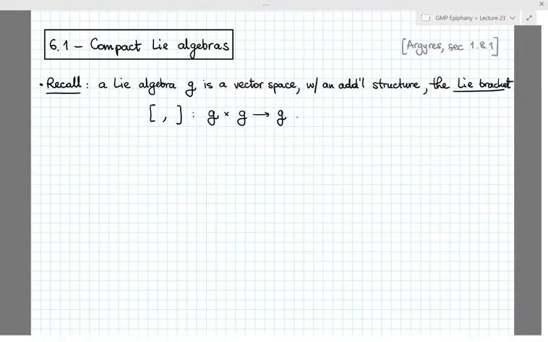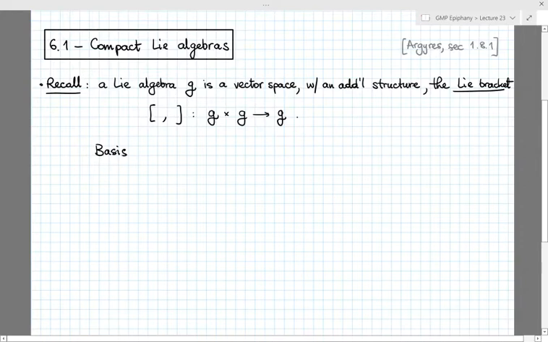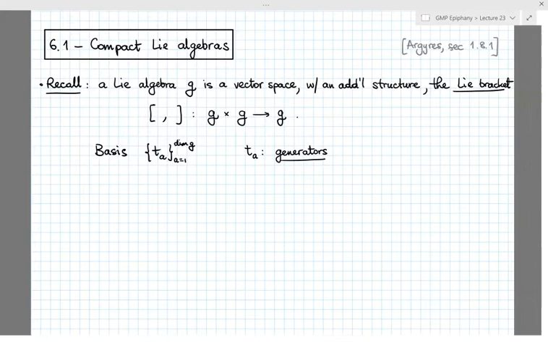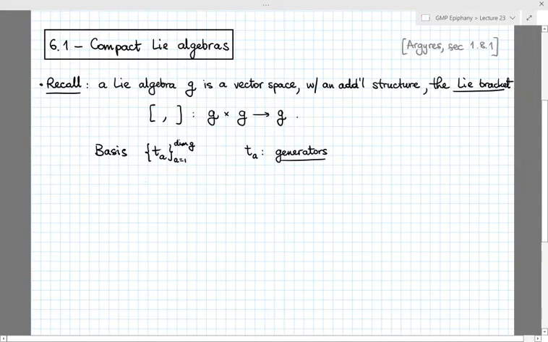The Lie algebra is a vector space, so there will be a basis. And let's call the basis vectors T_A. A runs from 1 to the dimension of the Lie algebra. And typically, the basis elements of the Lie algebra are called generators of the Lie algebra. And we specify the Lie bracket by its action on the generators. So the Lie bracket, say, of two generators T_A and T_B must be an element of the Lie algebra, so it has to be expressible as a linear combination of the generators.